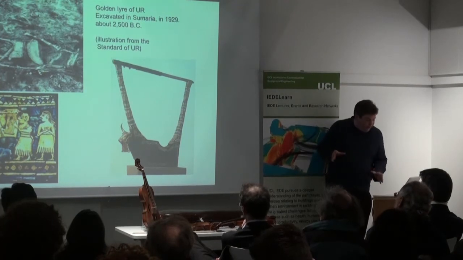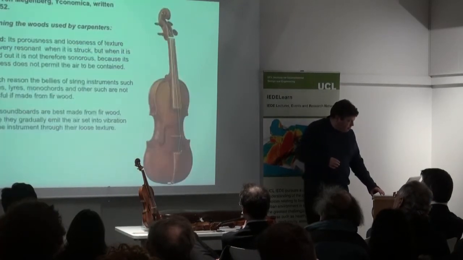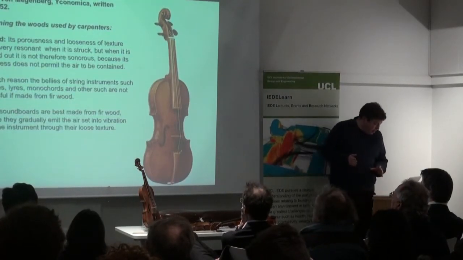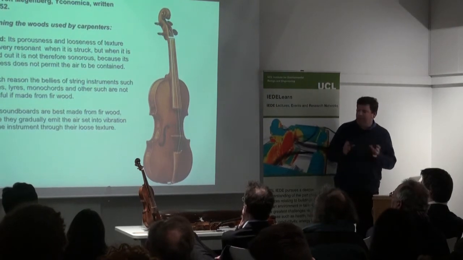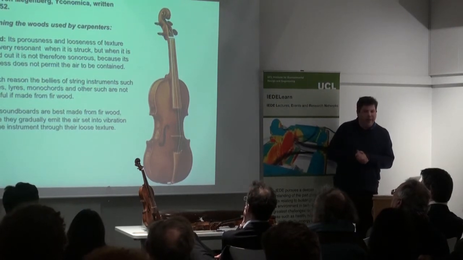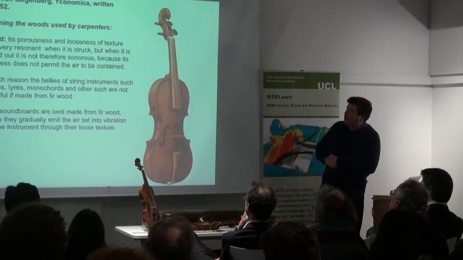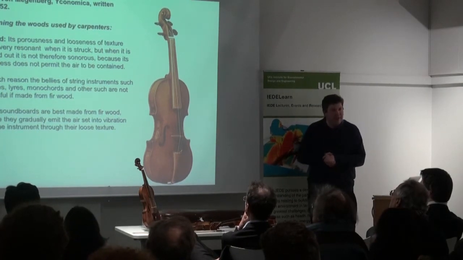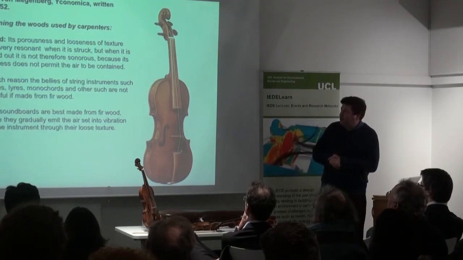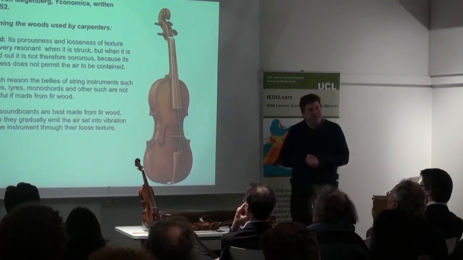So rather than trying to find the physics behind this, interesting though they are, there's something that is actually quite ancient. However, in around 1348, Conrad von Meidengren did write about why instruments are made the way they are.